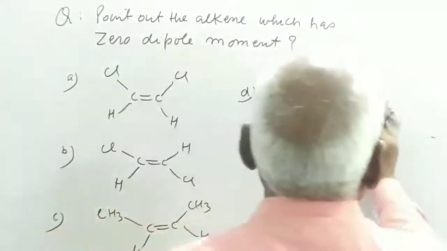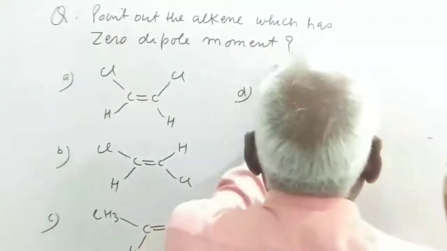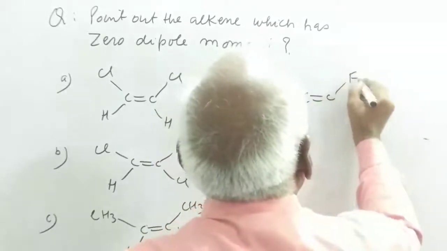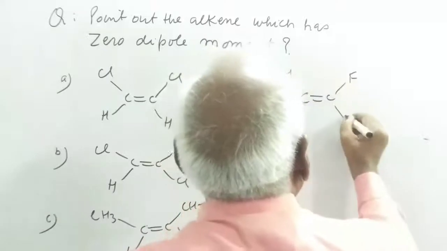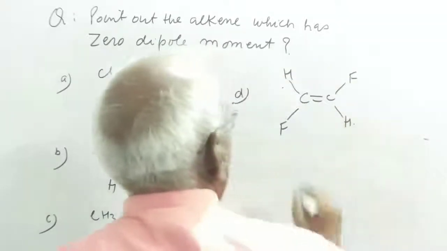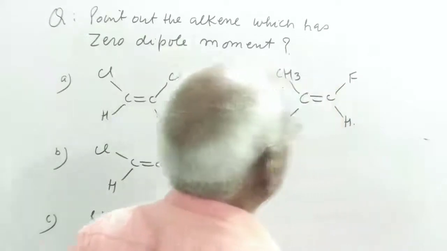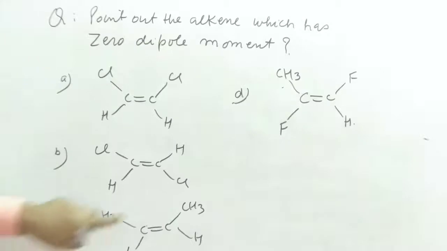No, this is not this one. This is F, H, and D, CH3. So these are the 4 alkenes A, B, C, and D.